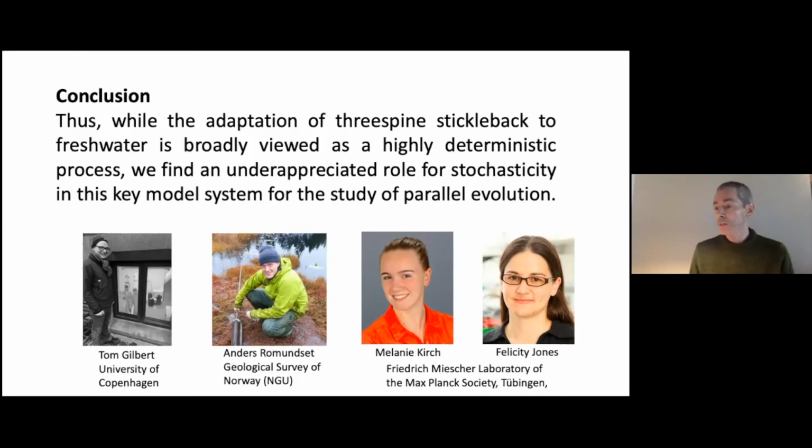And so that suggests that the efficacy of selection is weaker than is needed to drive all of those alleles that are present in that ancestral gene pool, but which are associated with freshwater adaptation, up to high frequency. So it's this combination of things, this interplay between the efficacy of selection, effective population size, and selection coefficients.